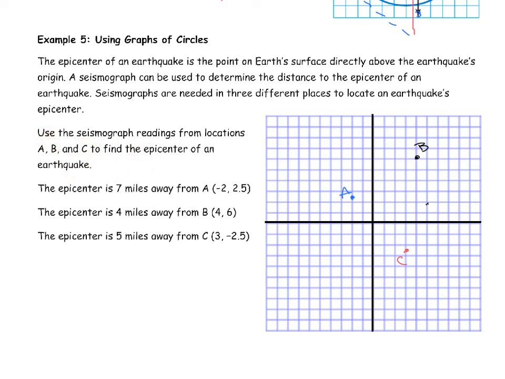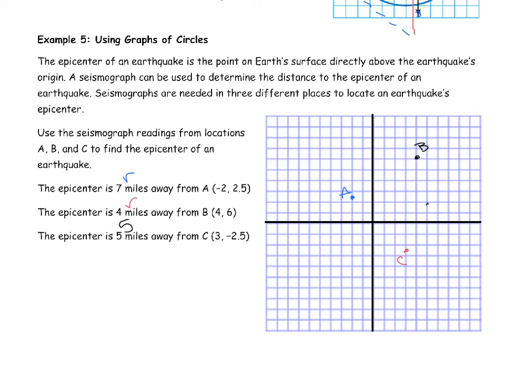So, what we would do here, if I have a compass, notice I've already plotted point A, point B, and point C because you have to have 3 different locations. And they've also given us basically what the radius would be for all 3 of those locations.